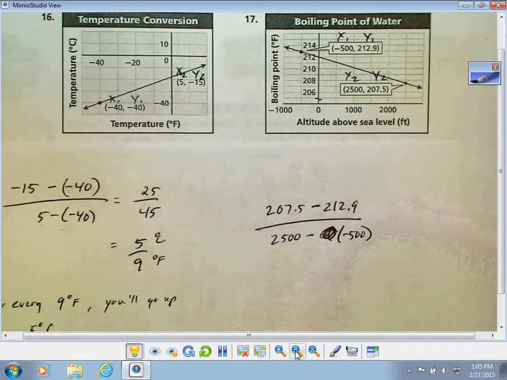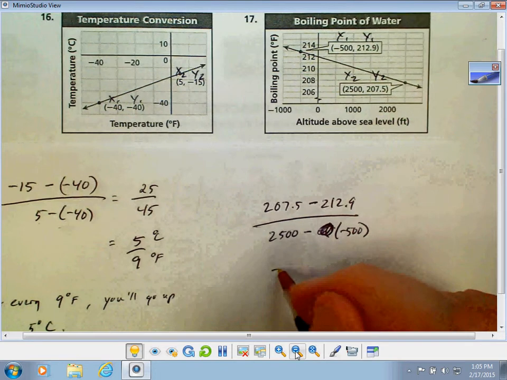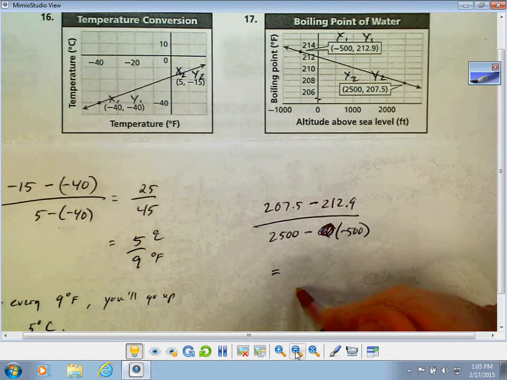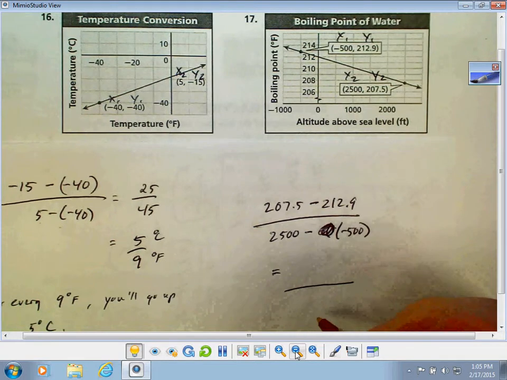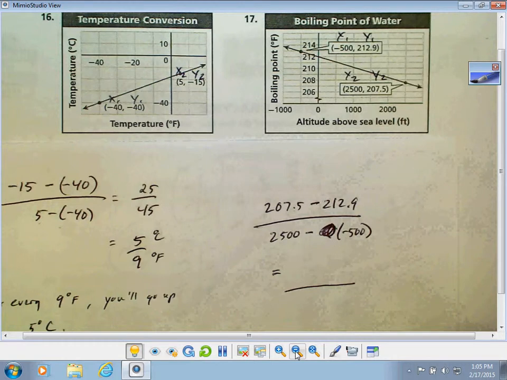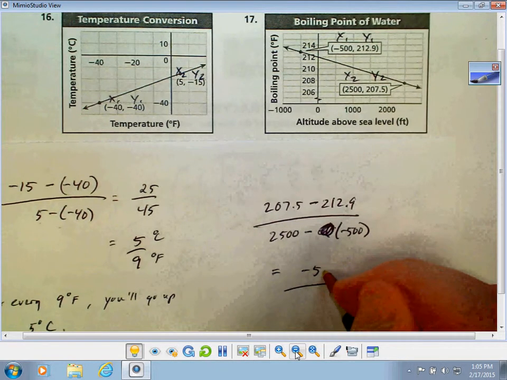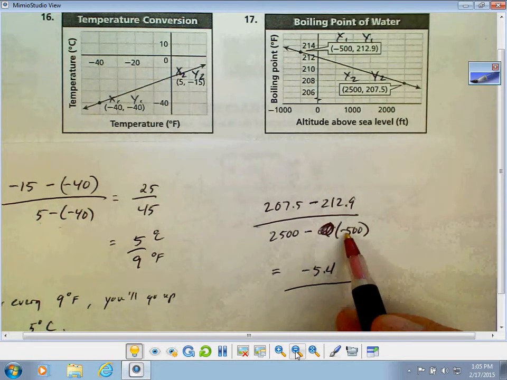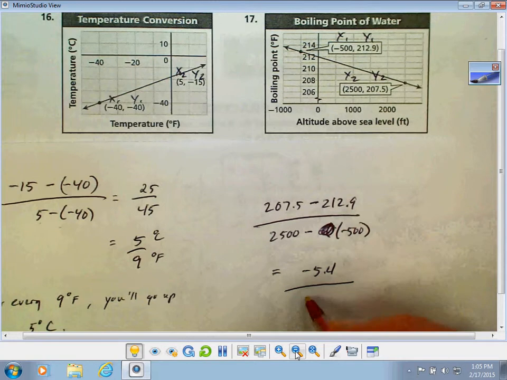So 207.5 minus 212.9, it's going to give us a negative number. Negative 5.4. And on the bottom, 2500 minus negative 500, that's plus 500. It's 3000.